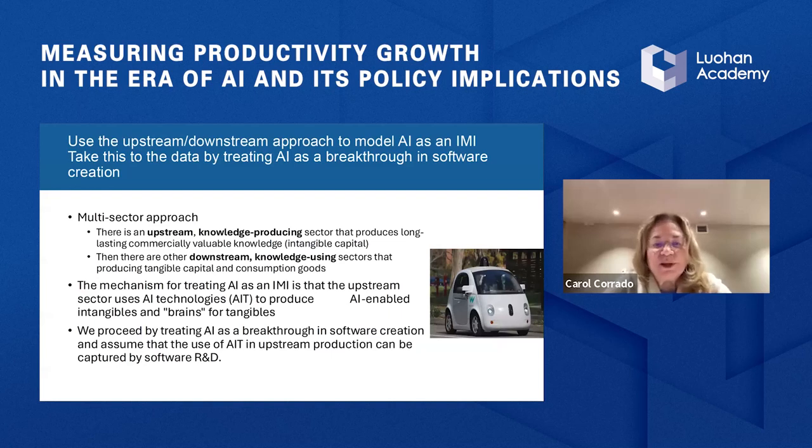So what we do is we adapt the upstream, downstream approach that we have set out in previous works, which just in simple words is like a multi-sector model, or fundamentally a two-sector model, where there's a knowledge producing sector, and then there's a downstream sector that's a knowledge using sector.